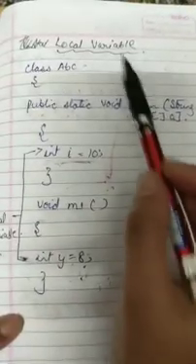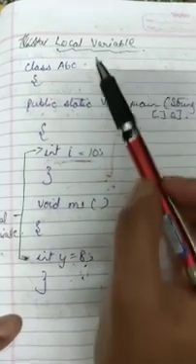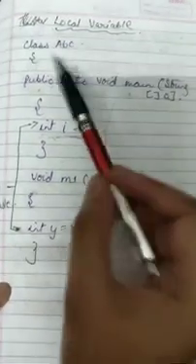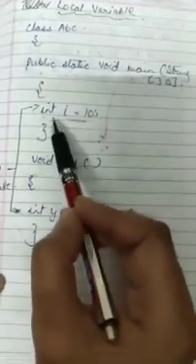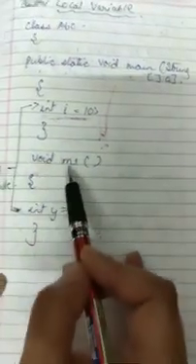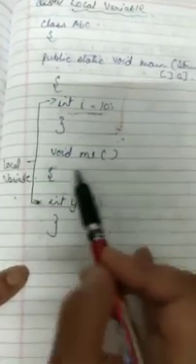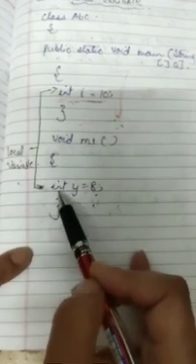Now let's have an explanation of a local variable with the help of example. Here I have created a program, that is class ABC, public static void main String arg, then int i = 10. Now see, this is a specific block, and another one is void m1. This is your method, or a constructor you can consider it. Int y equal to 8.